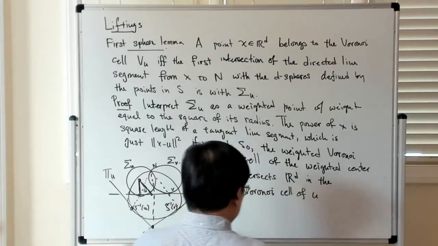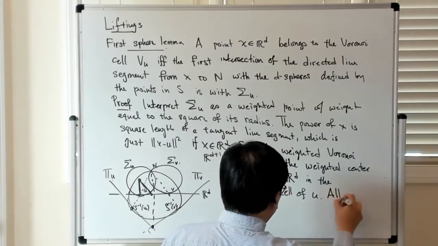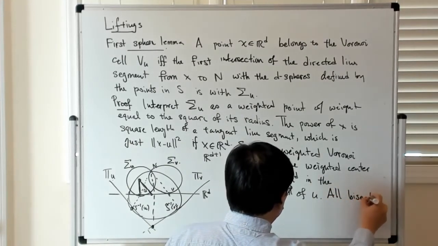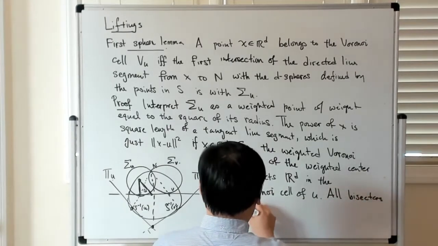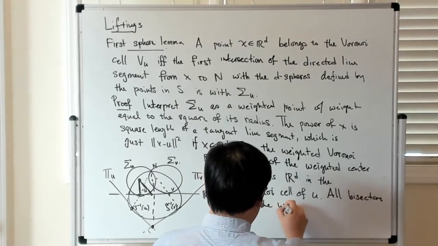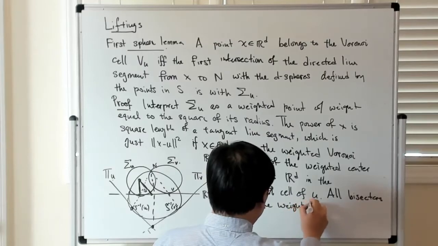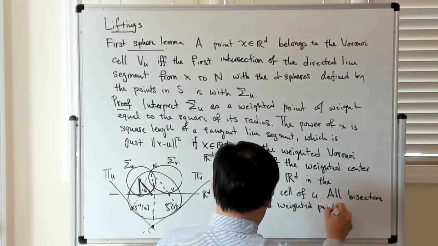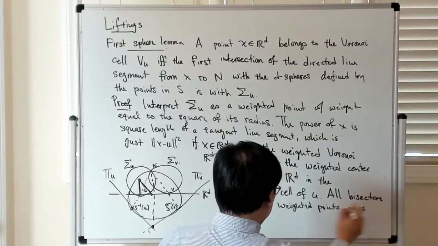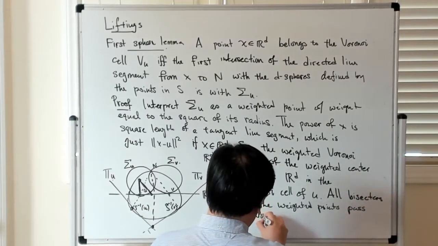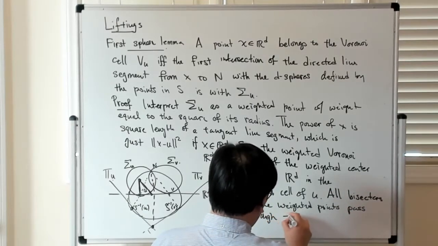And then the other observation is that all bisectors of the weighted points pass through U, pass through the North Pole, right?